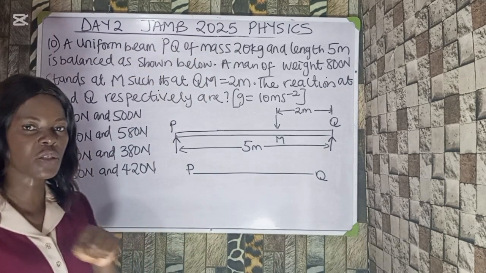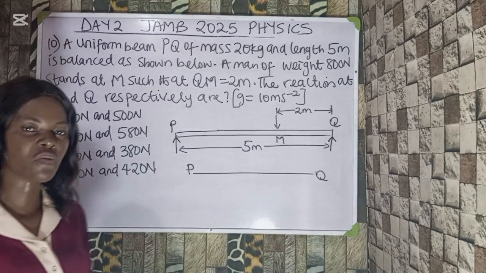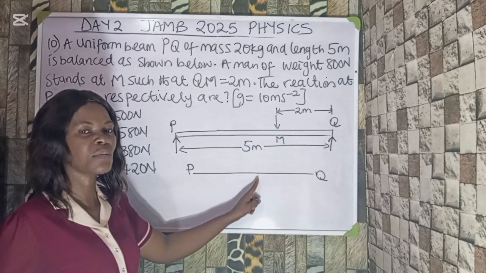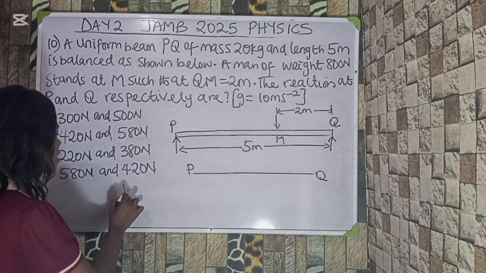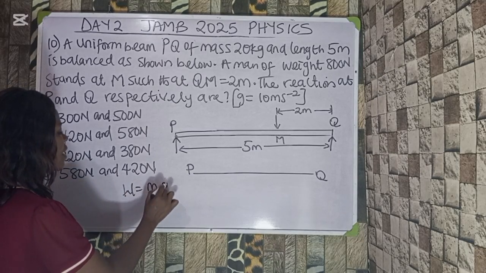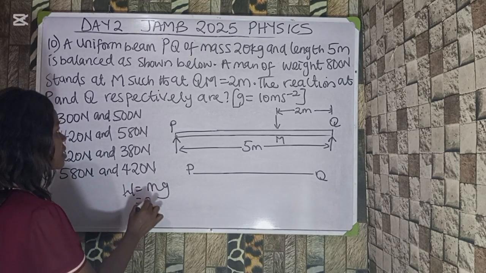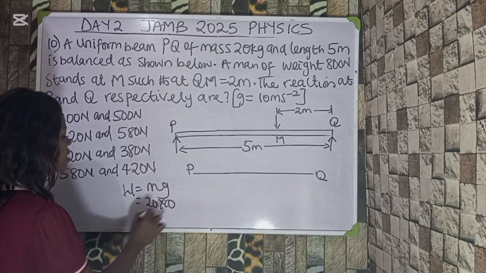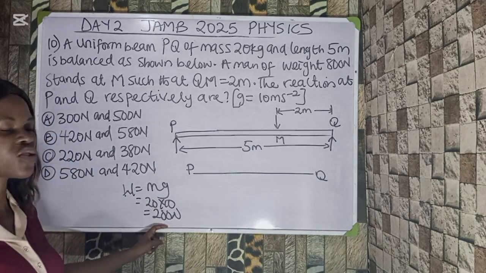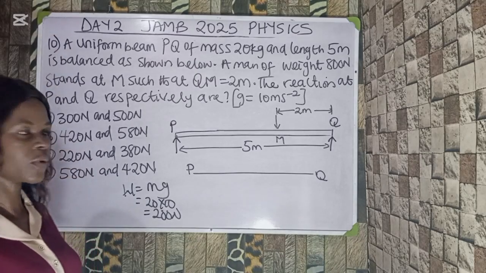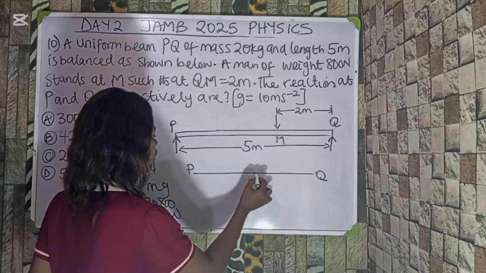We're going to work with the weight of the beam, because it is balanced at the midpoint of these 5 meters. So the weight is equal to mg, that is 20 times 10, which gives us 200 Newton. That is just the weight of the beam, okay? And it's going to be at the midpoint.